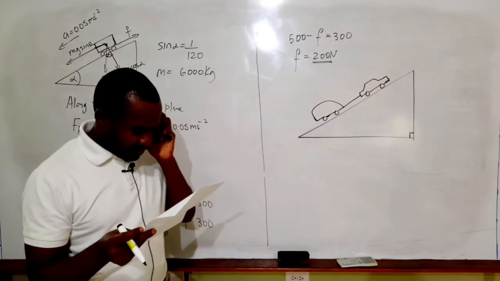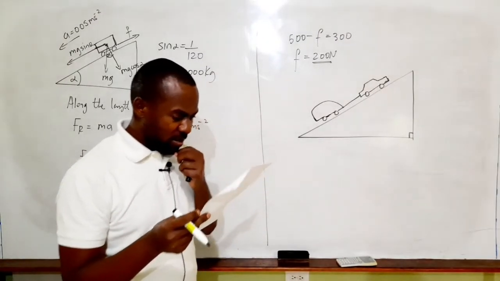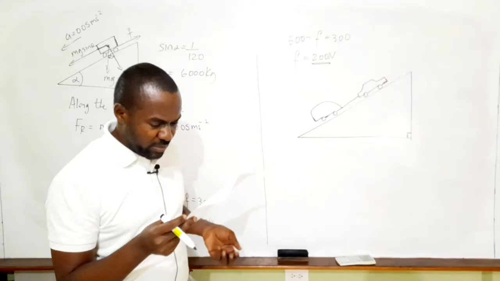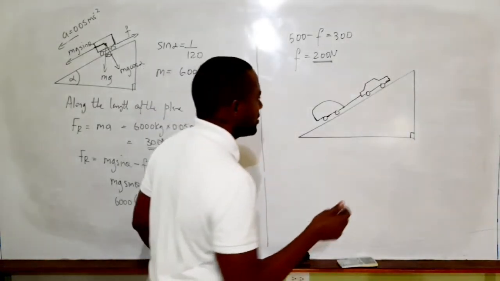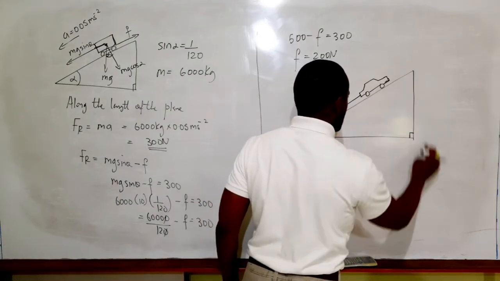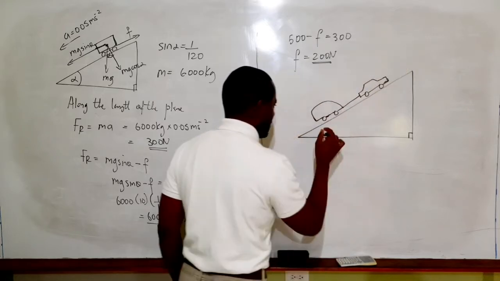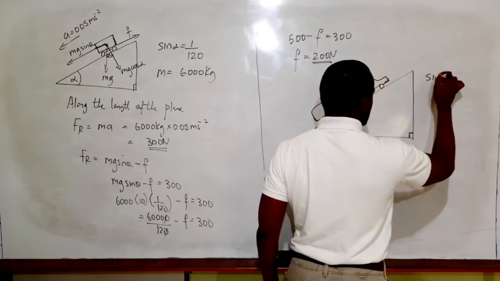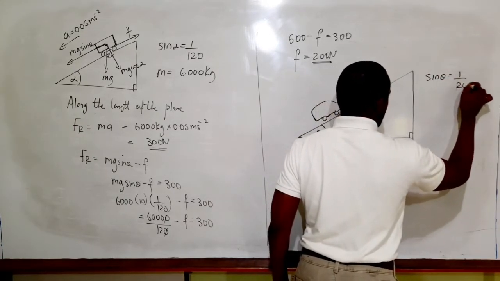So what are we told? A car of mass 1,000 kilograms tows a caravan of mass 600 kilograms up a road which rises 1 meter for every 20 meters of its length. So if this is our angle theta, it would follow that sine theta is equal to 1 over 20.